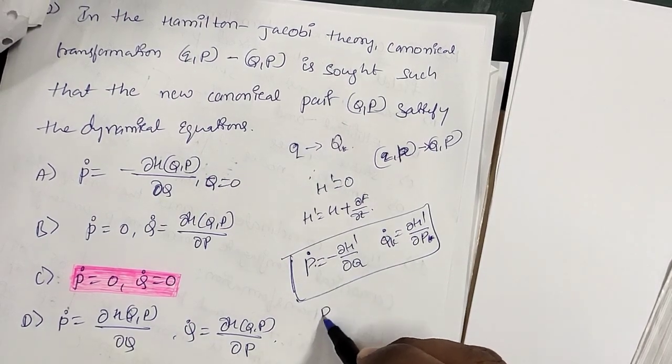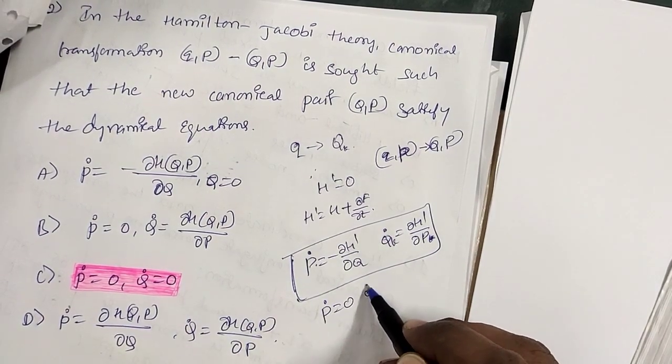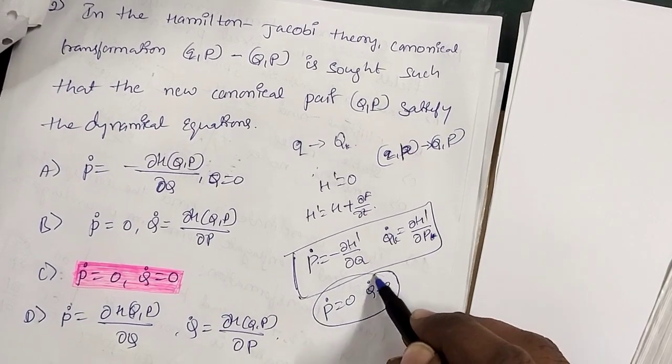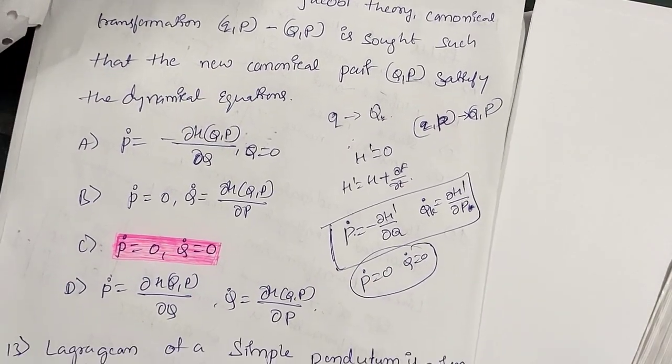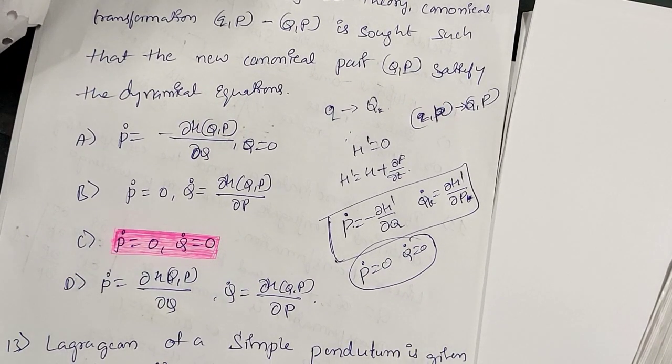So then P dot is equal to 0 and Q dot is equal to 0. So therefore option C is correct.